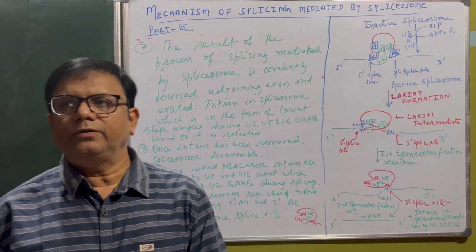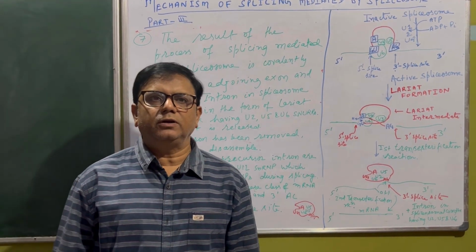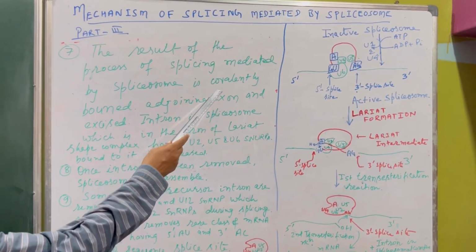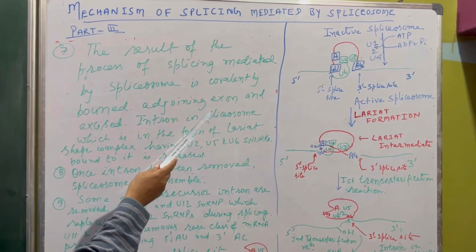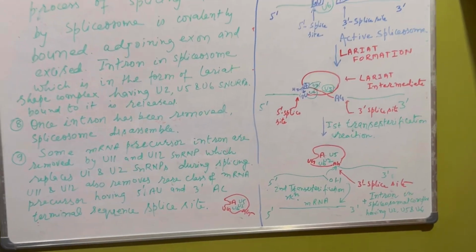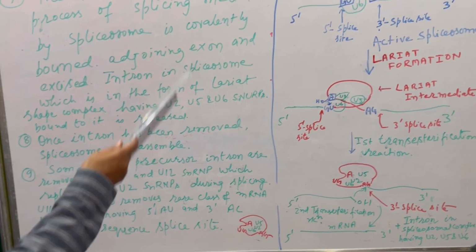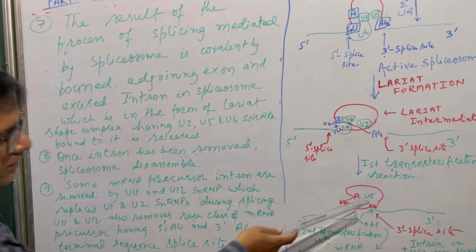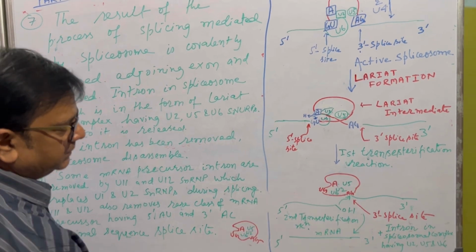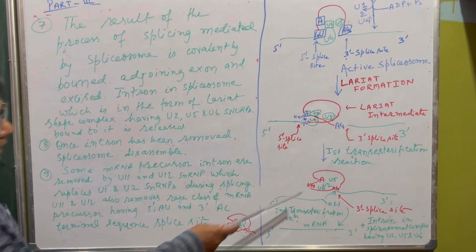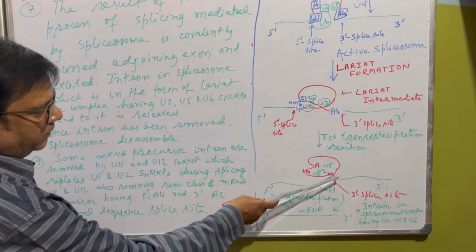So the final result of splicing mediated by the spliceosome will be a covalently bonded adjoining exon. That is, you can see this exon and this exon will be covalently bonded, and this excised, that is, which has been cut, you call it the excised intron, and obviously this is the spliceosomal complex.